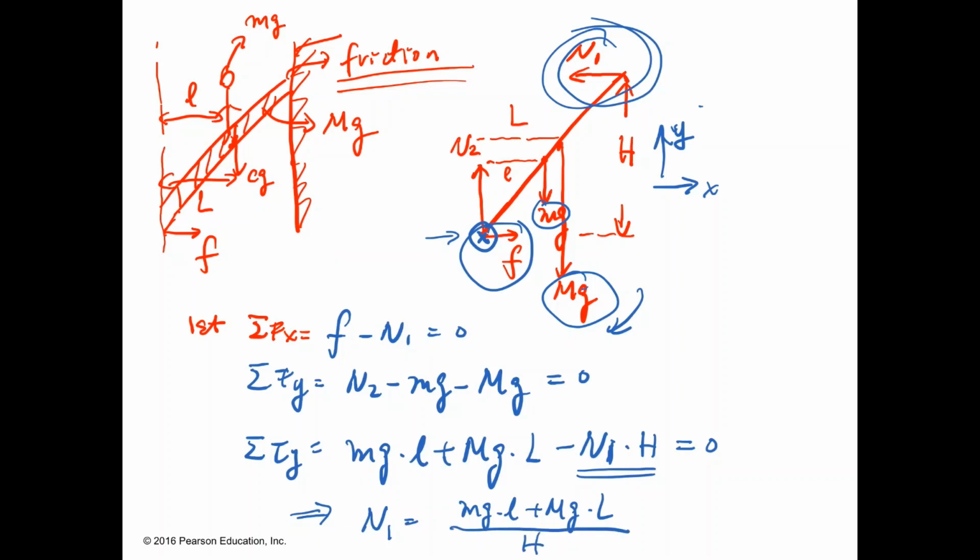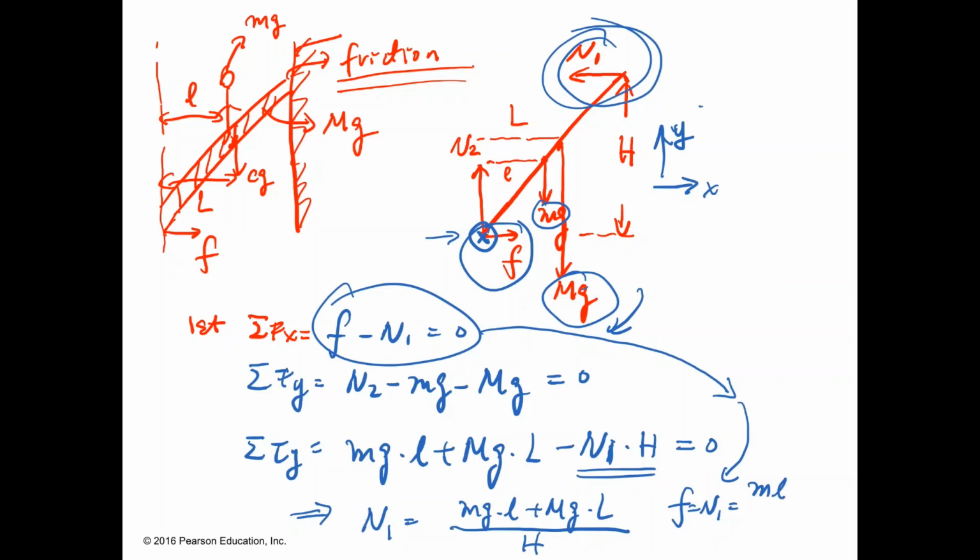And then with this equation we will know that F equals N1, which is actually m times small l plus big M times big L divided by big H times g. That will be the friction force, right?